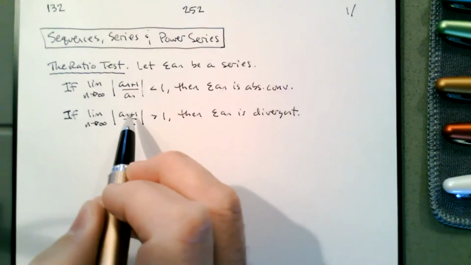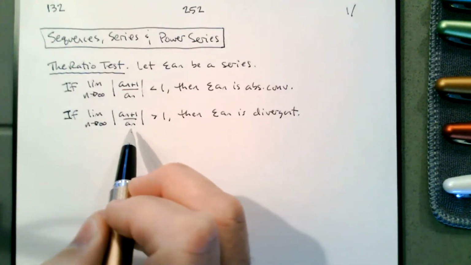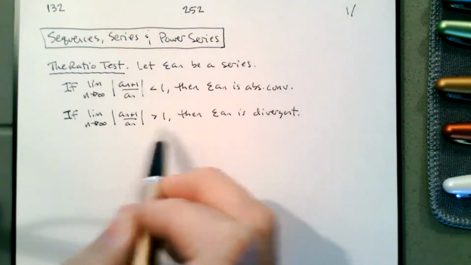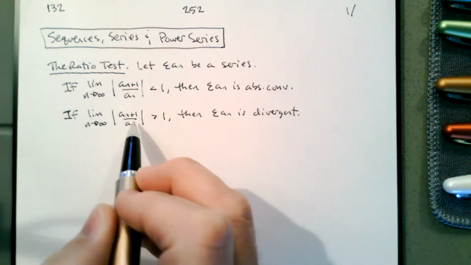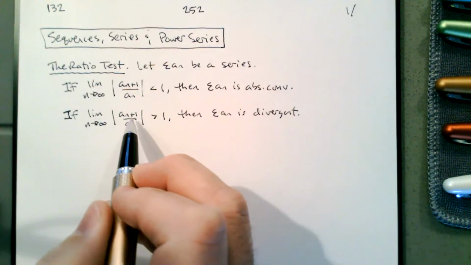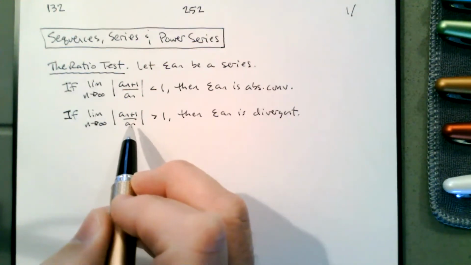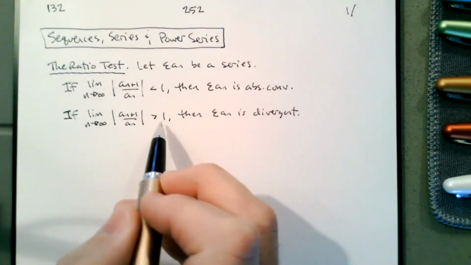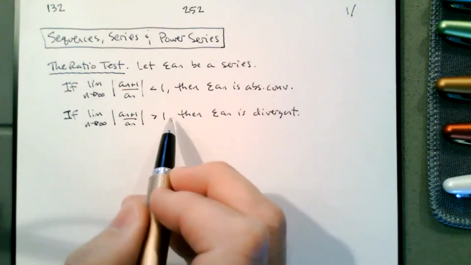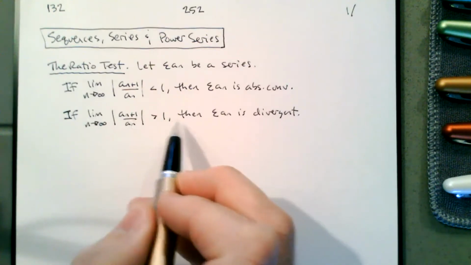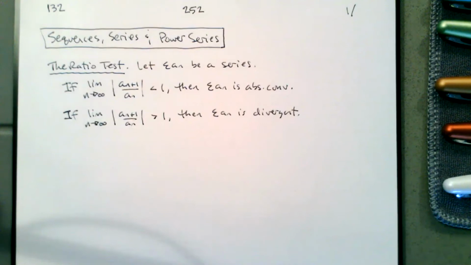Because if the terms are getting bigger, then AN plus 1 over AN in general will be bigger than 1. That's how things are increasing. If AN plus 1 over AN is greater than 1, then if I multiply by AN, AN plus 1 must be greater than AN. So we're looking at how the terms are going to 0.